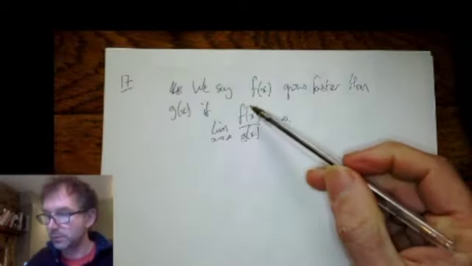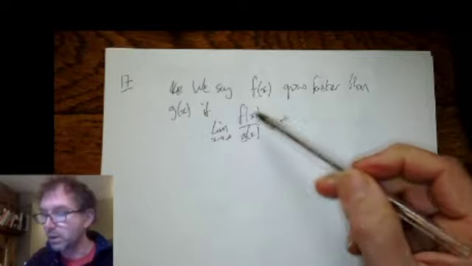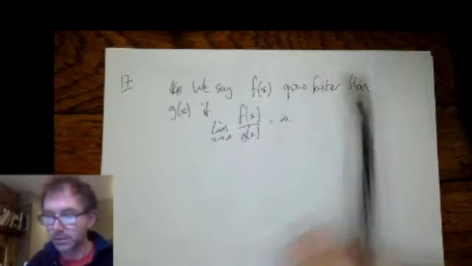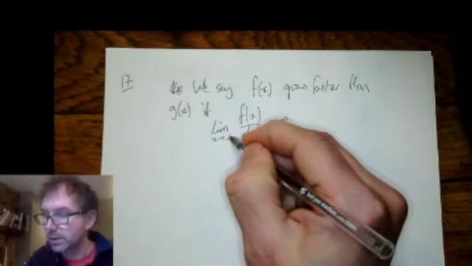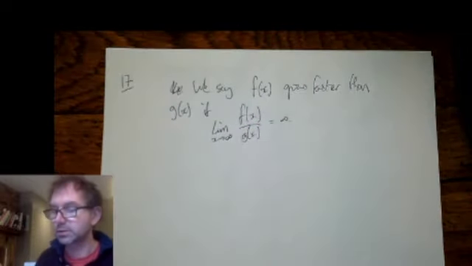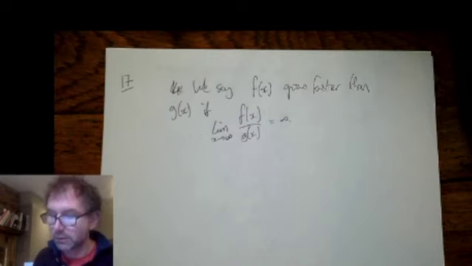And if you put 1 over these, the upside down fraction, you can see that it's the same thing as saying that if you have g of x over f of x, then the limit of that goes to 0.